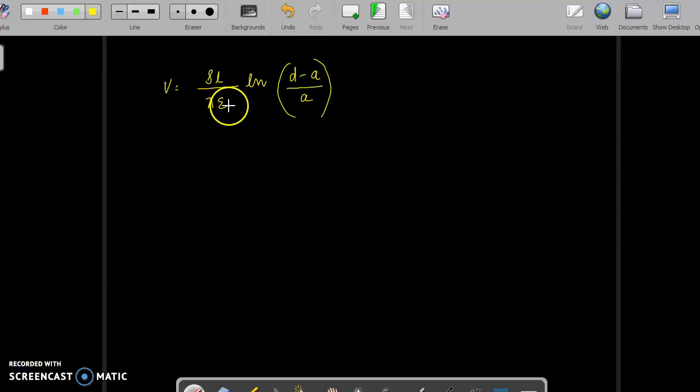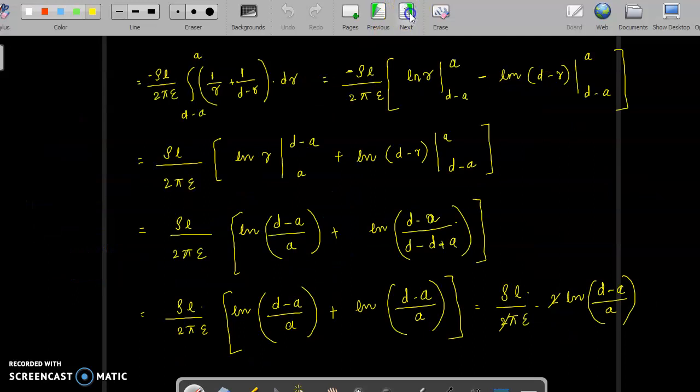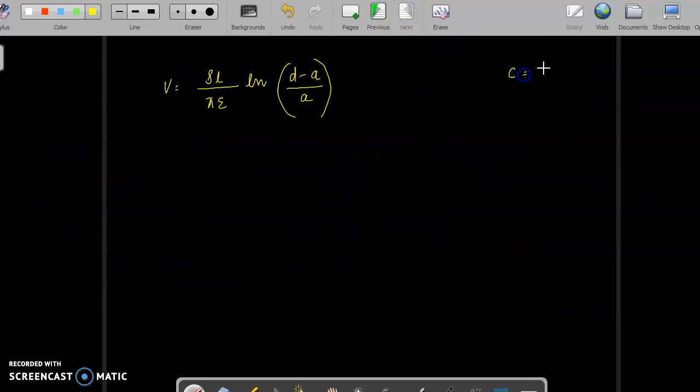Now we are going to connect this with the capacitor. Earlier we saw the connection between capacitance, rho and V. Here the capacitance per unit length is the line charge density divided by the potential. So C is rho by V. Let us rearrange, bring V here: rho by V equals pi epsilon over natural log of d minus a by a.